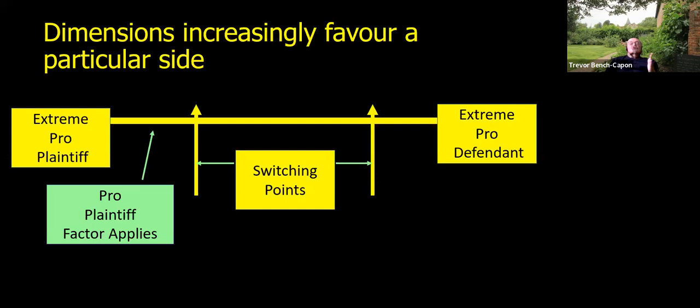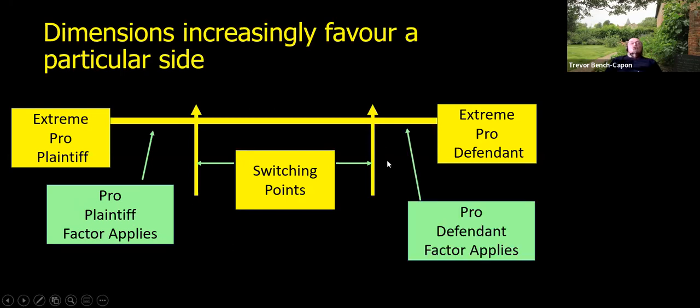So to the left of the switching point, we have the pro-plaintiff factor assigned. Then as we move along the dimension, we pass the switching point and that factor stops applying.